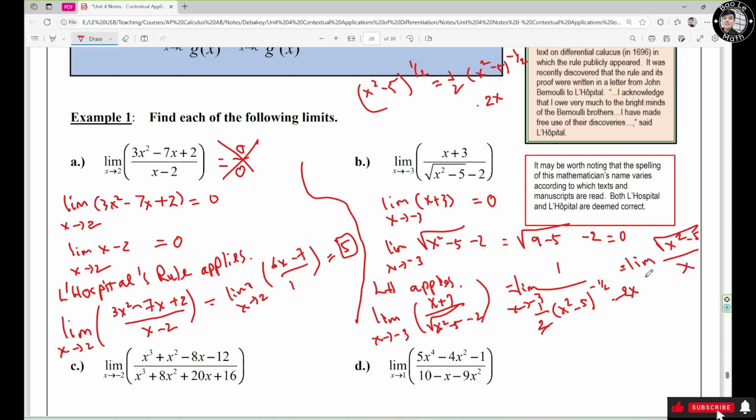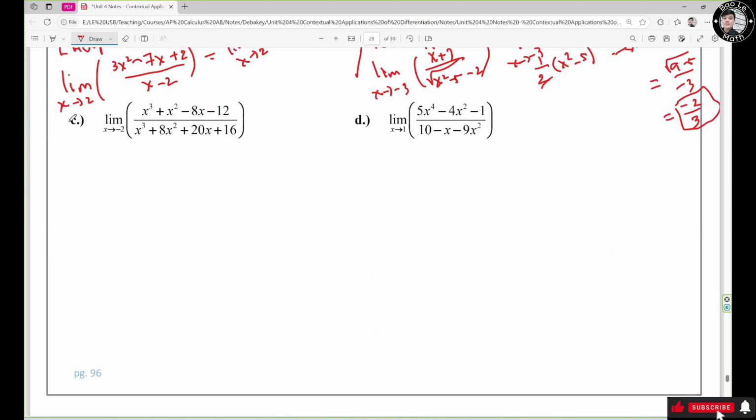Now the limit as s approaches negative 3: the answer should be the square root of 9 minus 5 over negative 3, so it's going to be negative 2 over 3.